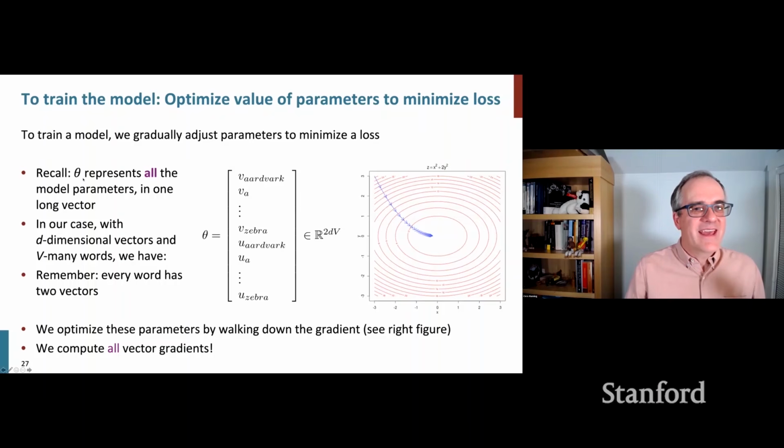For our model here, the only parameters are our word vectors. So for each word we have two vectors, its context vector and its center vector, and each of those is a d-dimensional vector where d might be 300, and we have V many words. So we end up with this big, huge vector, which is 2dV long, which if you have a 500,000 vocab times the 300-dimensional vector, it's more math than I can do in my head, but it's got millions and millions of parameters.